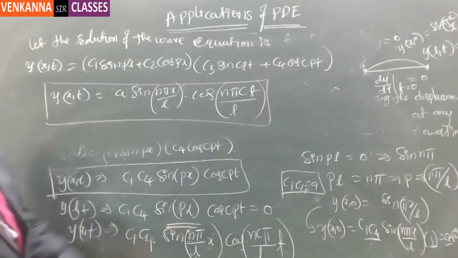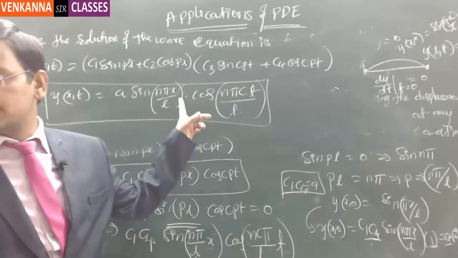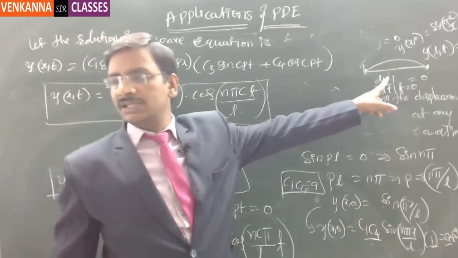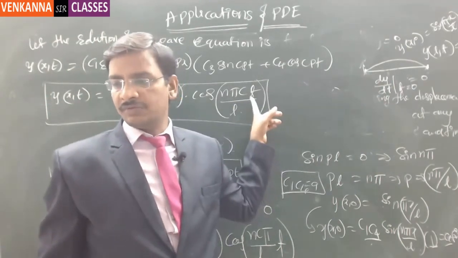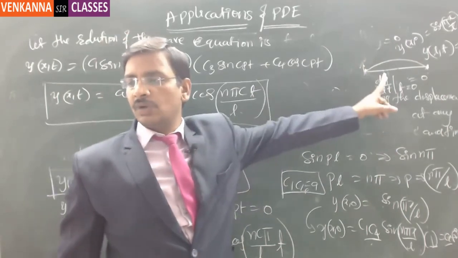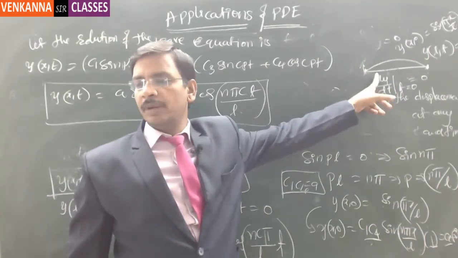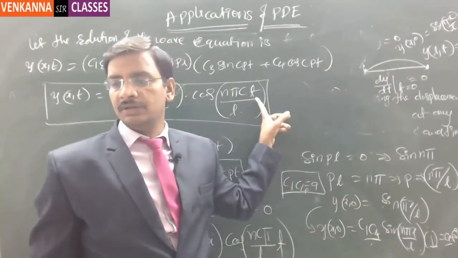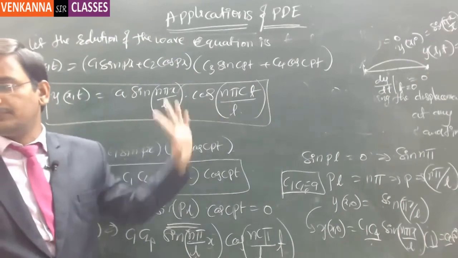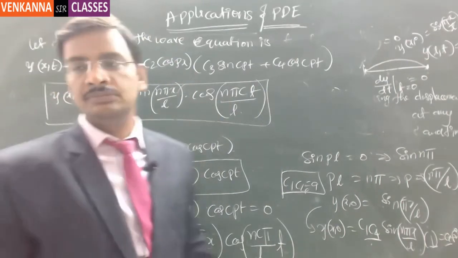Now this will give, at any position x, if you substitute x equal to 1 or 2 or whatever it may be, the displacement for any value of time t. Suppose you want to find out by fixing one location, you will be able to find it by changing the time value. So this wave equation is dependent both on x and t. Understood?